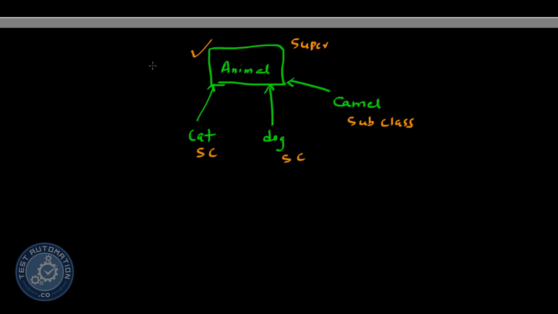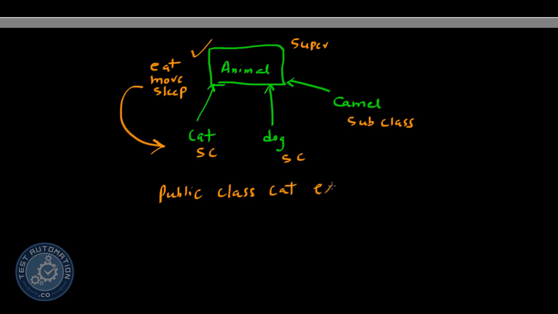So these three methods, let us say eat, move, sleep, are the three methods I want to define in animal. When the animal class is extended by cat, then these three methods will automatically come into the cat class. So the syntax will be something like public class cat extends animal, where extends is the keyword.